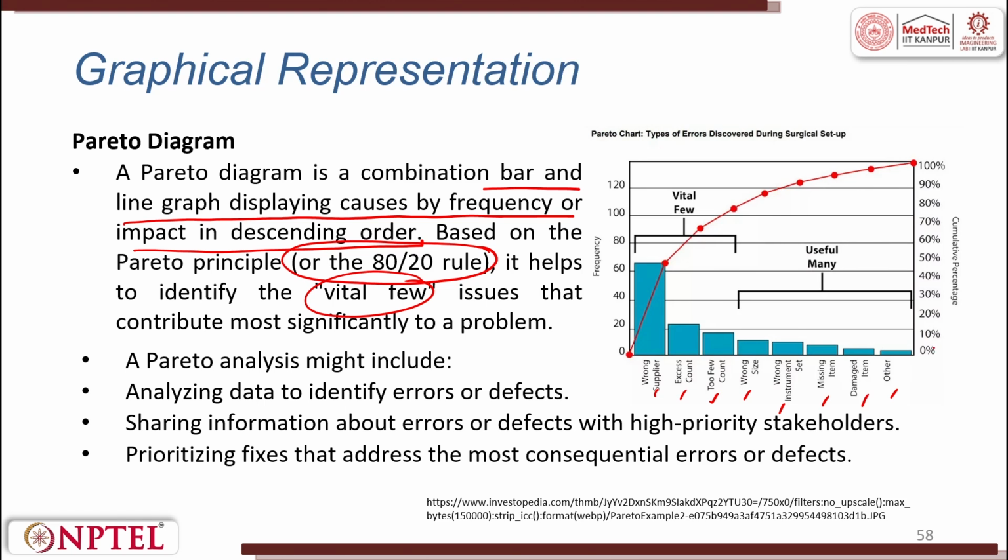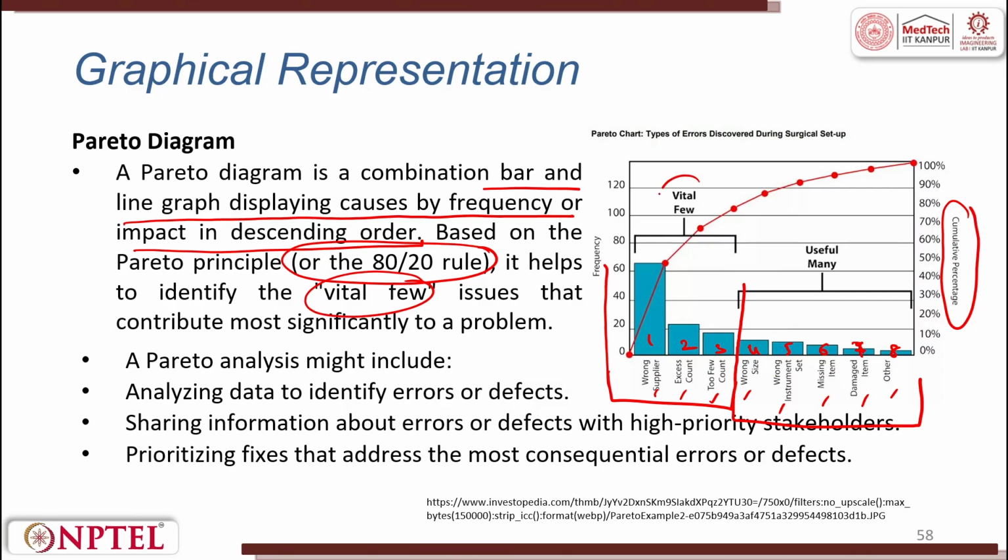These are plotted in a cumulative percentage way. Now you see there are few issues out of 1, 2, 3, 4, 5, 6, 7, 8. Out of 8 issues, 3 issues contribute very high to the wrong surgical setup, and there are 5 issues which contribute very low.